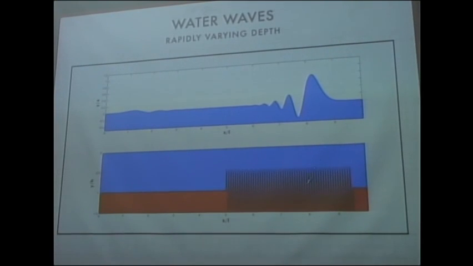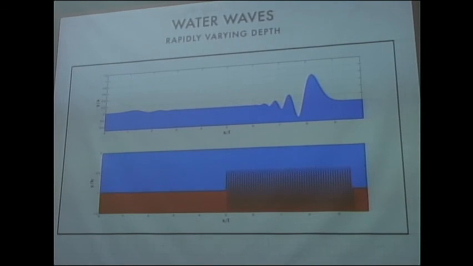What is interesting about this regime, when the topography varies really fast compared to the scale of the wave, is that the wavefield homogenizes in the sense that it doesn't feel these variations whatsoever. Somehow this averages, and it feels as if it were on a constant depth.